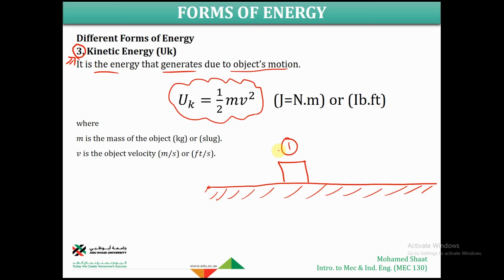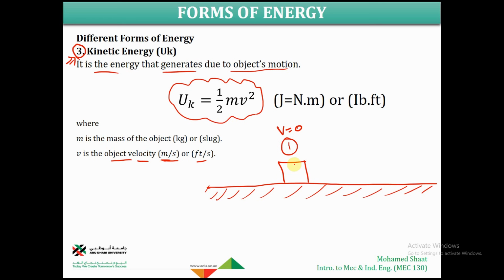At this instant of time, at this position, this box would have a certain velocity. Assume that it was stationary, not moving. So what should be the speed or the velocity of this object? It will be 0. So V stands for the object's speed or velocity, which should be measured in meter per second as long as we are working with the metric system, or feet per second as long as we are working with the American system.